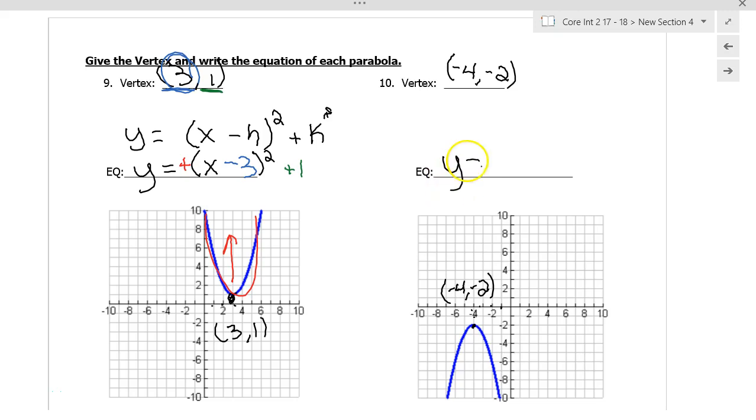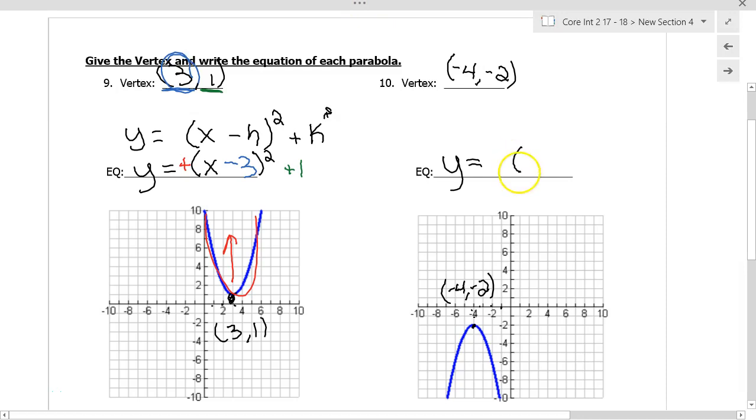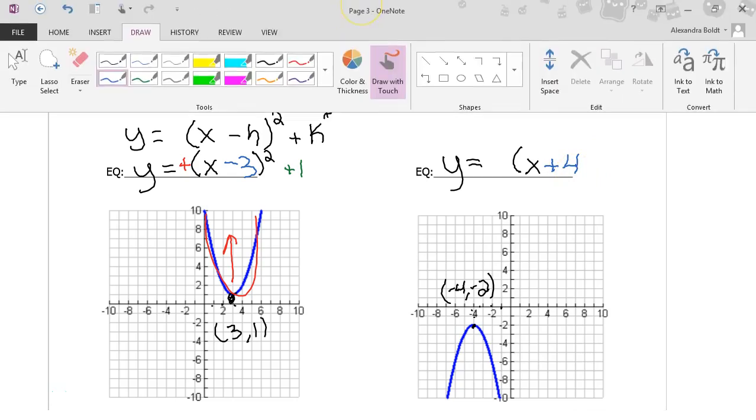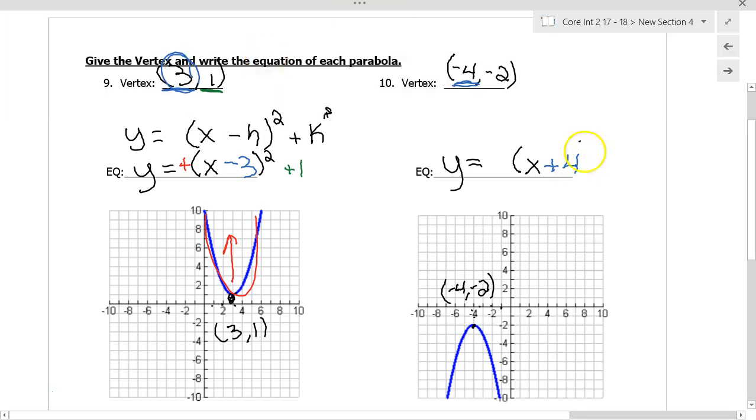It's going to be y equals either positive or negative (x, using this number I have to change the sign, plus 4) squared.